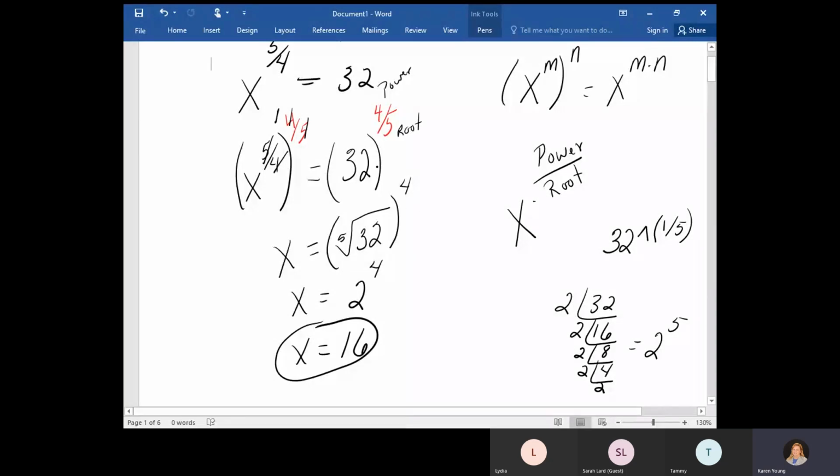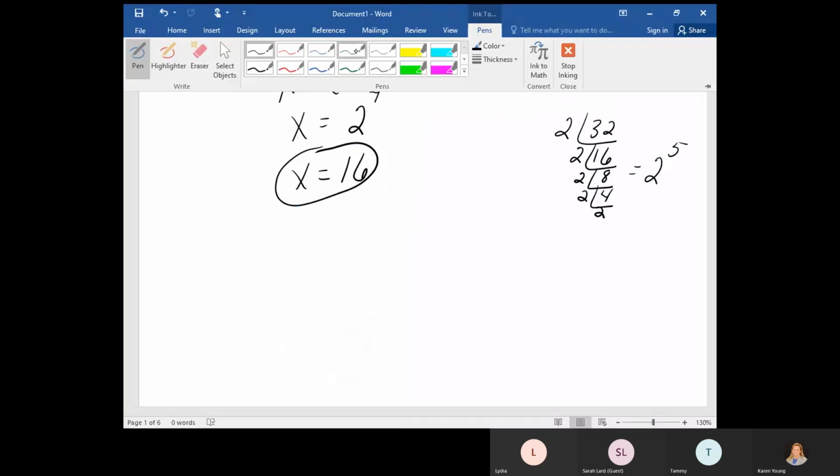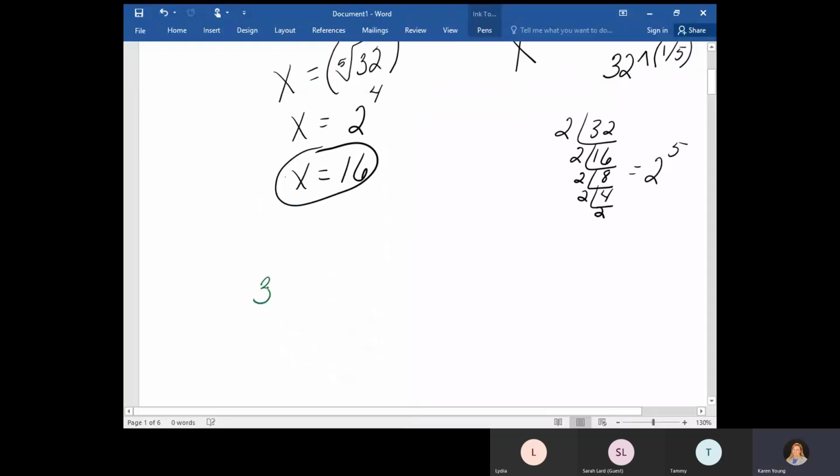But if you're just wanting to simplify or know the value of 32 to the 4/5 power, so if I come down here to 32, and I just want to know what that value is, if you've got a TI-83, a TI-84, or any calculator that you can do exponents with, do 32, then whatever your exponent key is.